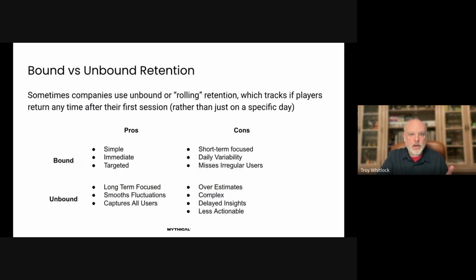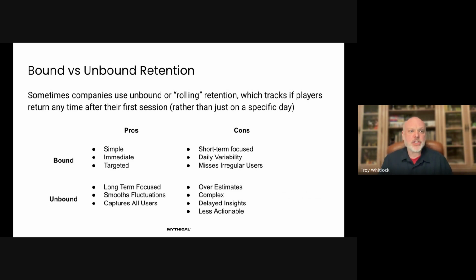So I should talk about bound and unbound retention before jumping into how to derive day 1 through 30. Some companies use unbound or rolling retention. What's the difference between bound and unbound? Bound retention is the number of players who played on day 7, and we only care about day 7.